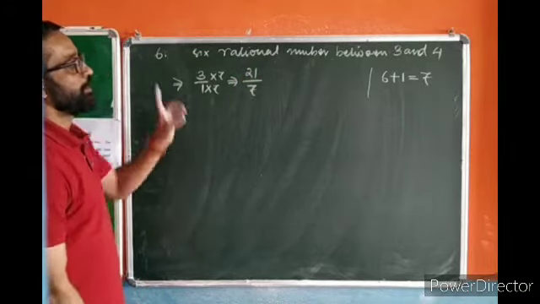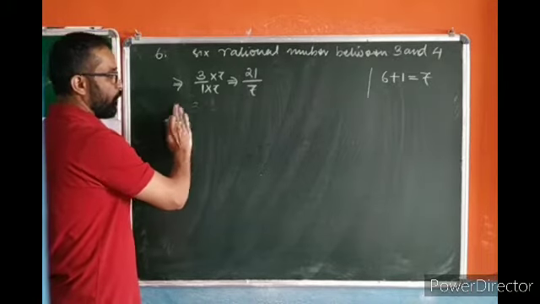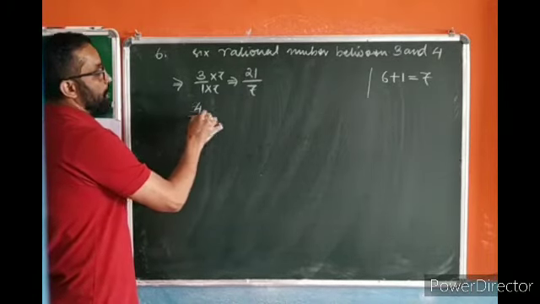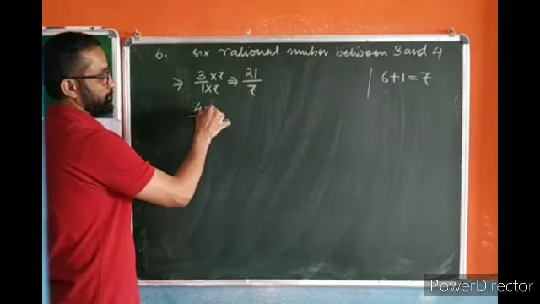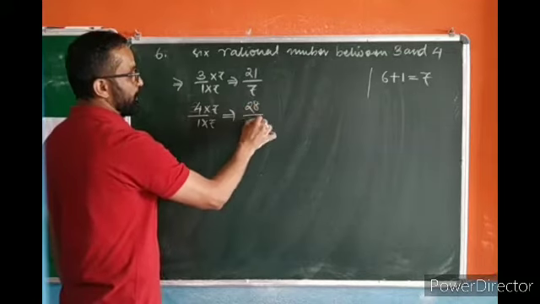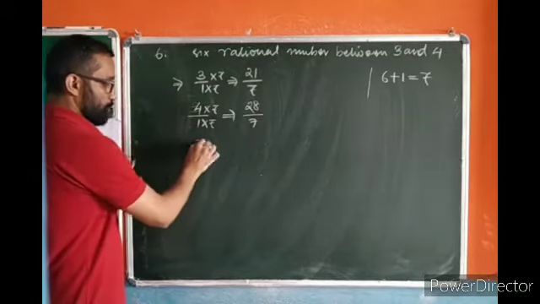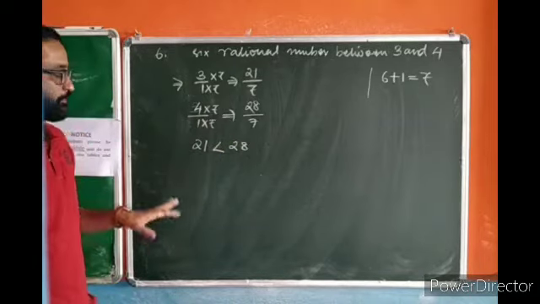Leave it like this. Similarly, we write 4 by 1. You multiply by 7. So 7 into 4 is 28 divided by 7. 21 is smaller than 28.